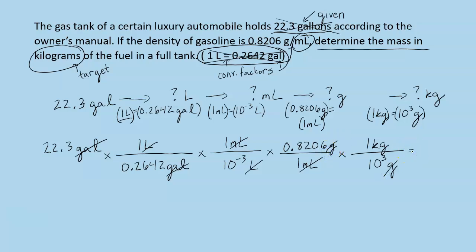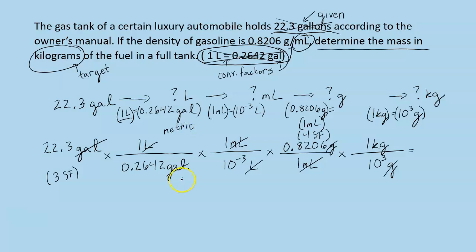Okay, now sig figs. So the given information has 3 significant figures. And then we've already talked about how density is not exact. Okay, so the density way over here, that 0.8206, that's 4 sig figs. And the other conversion factor that we were given in the question, 1 liter equals so many gallons. Again, we're going between the metric and the US system, right?